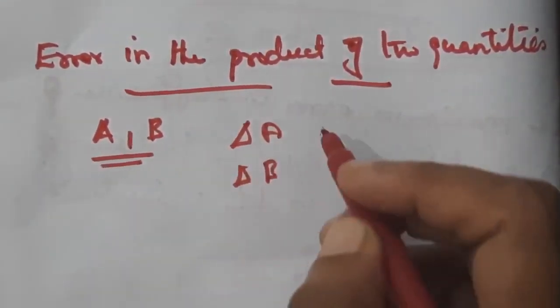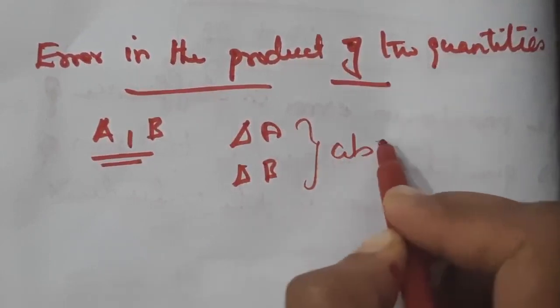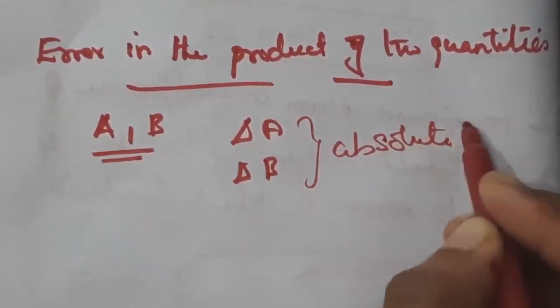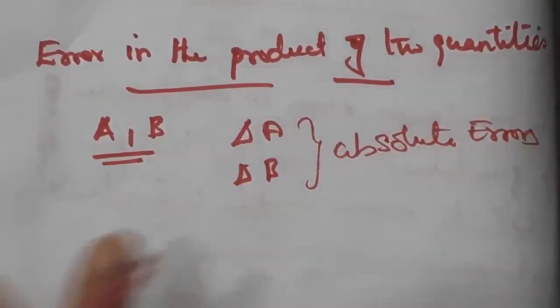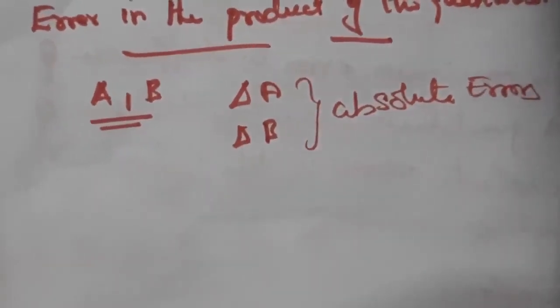Delta A and delta B are the absolute errors.